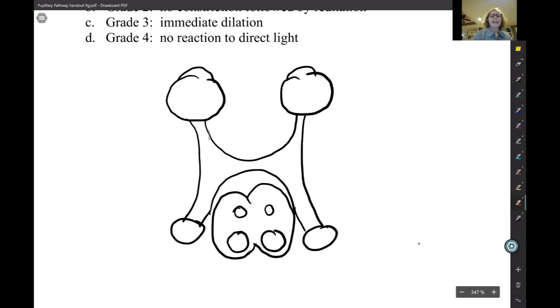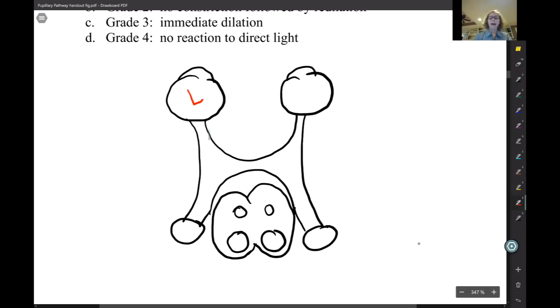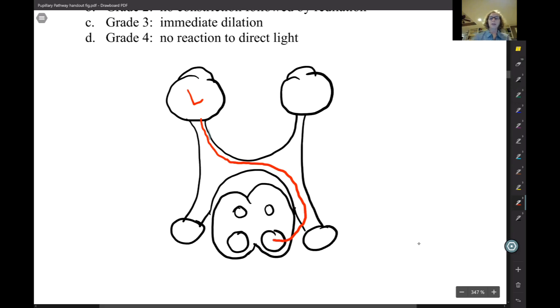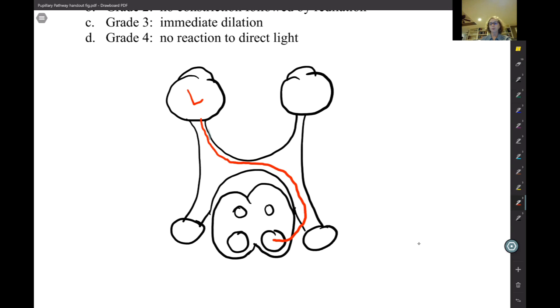When we shine light into the left eye, a signal is going to be sent down the optic nerve through the chiasm into the optic tract, and then through the brachium of the superior colliculus to the pretectal nuclei.